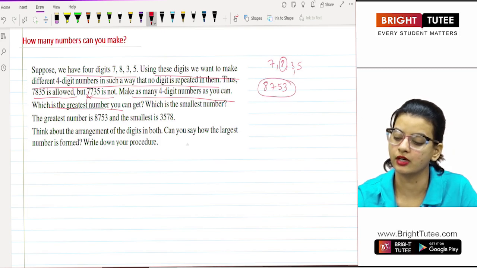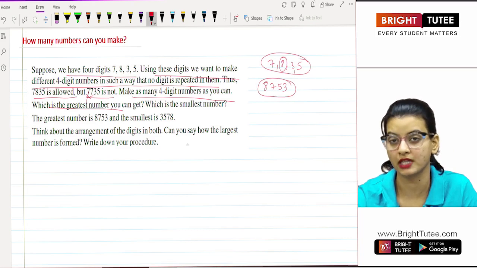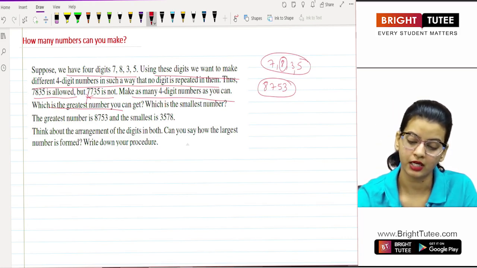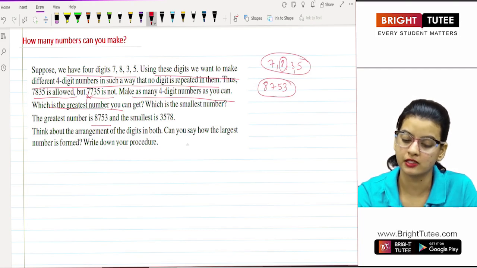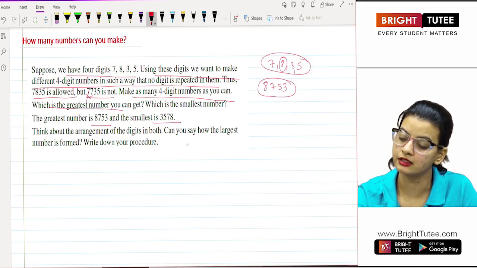So this is the greatest number that we can get out of these 4 digits without repetition. The greatest number we can get is 8753. And how do we get the smallest number? For the smallest number, we are going to put the smallest digit in the thousands place.